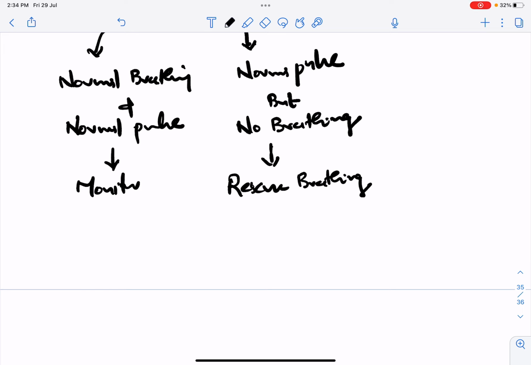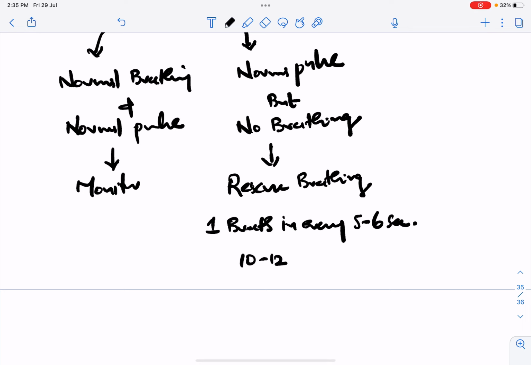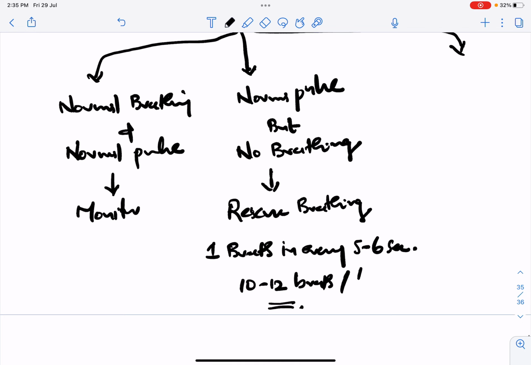You have to give one breath every 5 to 6 seconds. That will give you a respiratory rate of around 10 to 12 breaths per minute. Okay, that is the second scenario.